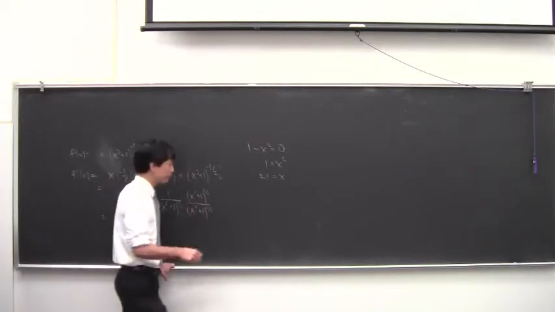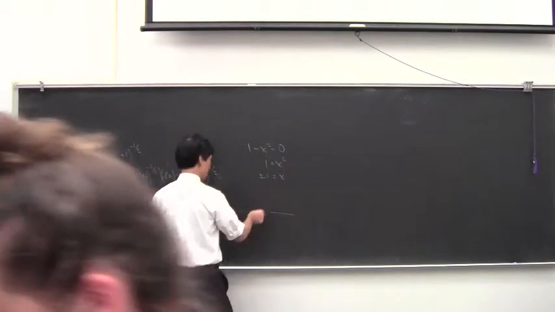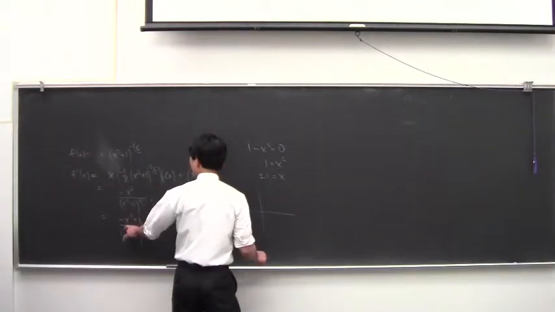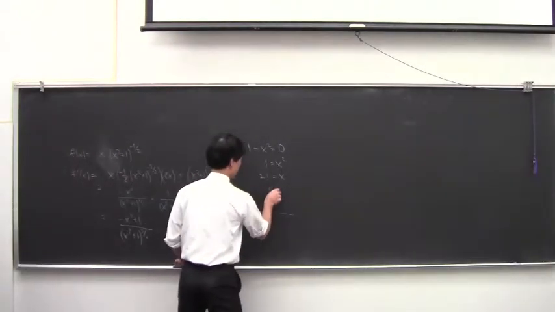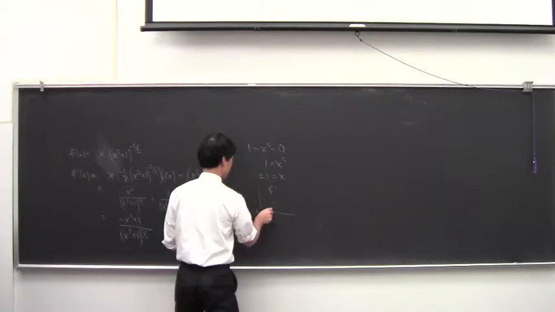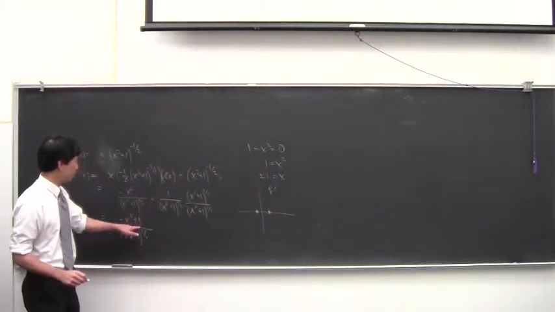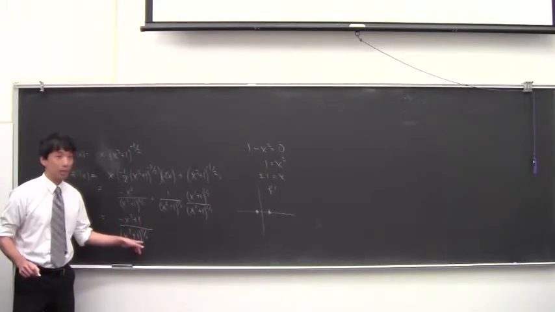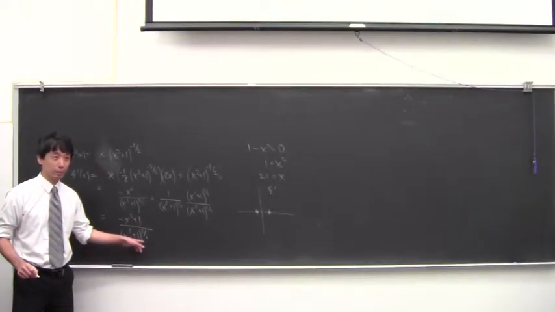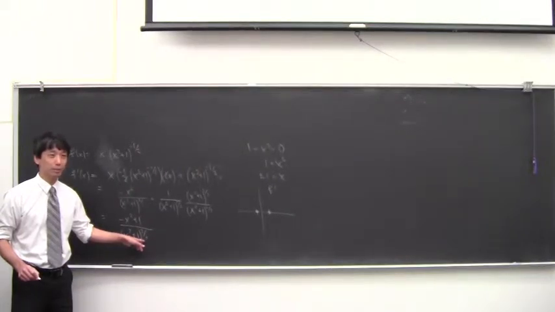Okay. Right. And so what do you see? That the derivative is 0 at these 2 points, right? And you see that this number on the bottom here, can anyone make some observation about this? X squared plus 1. Yeah.